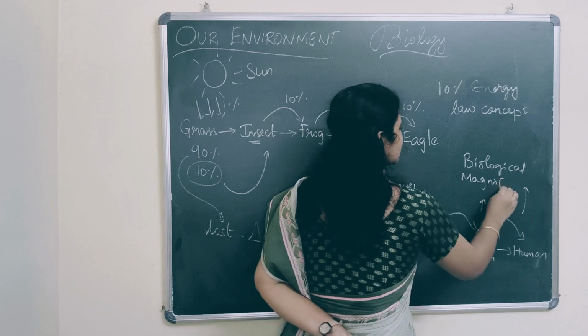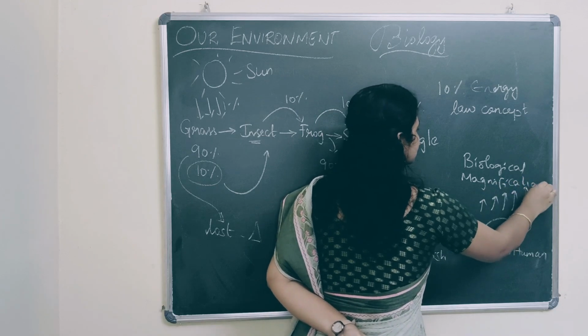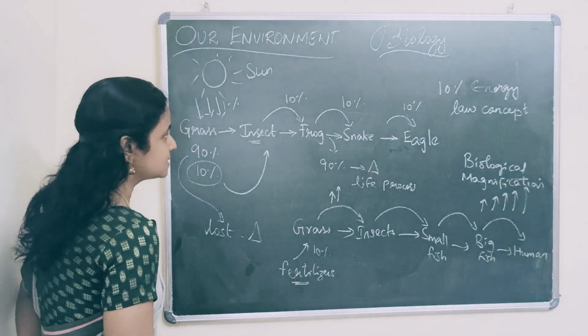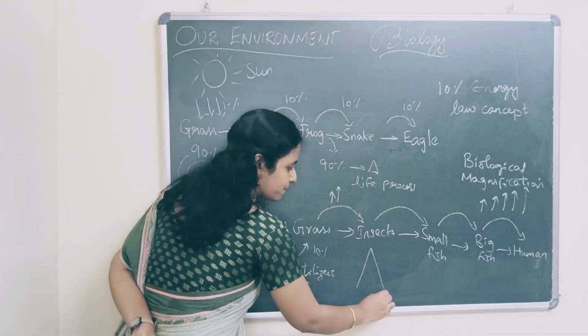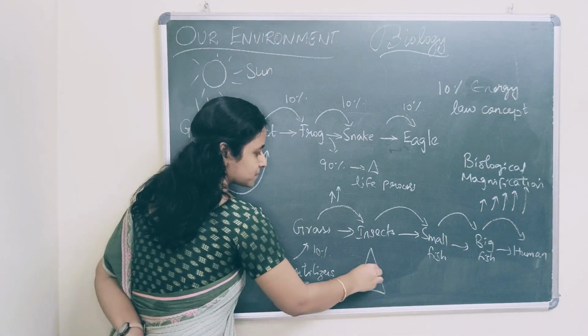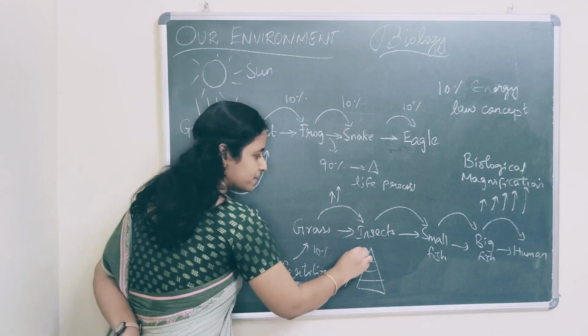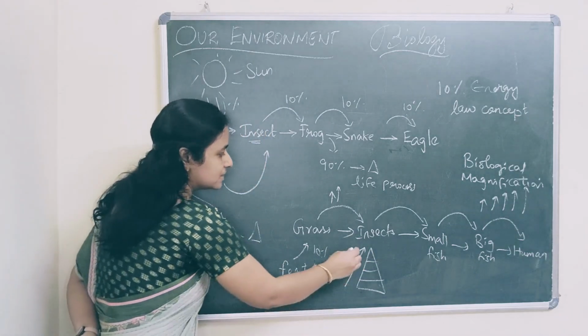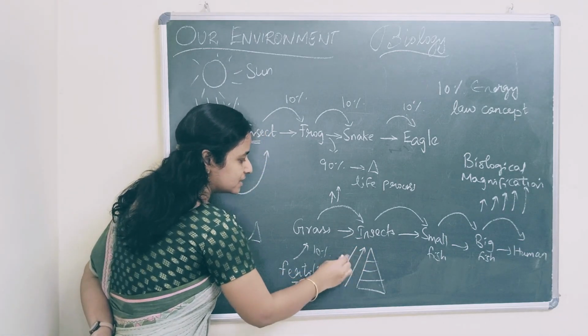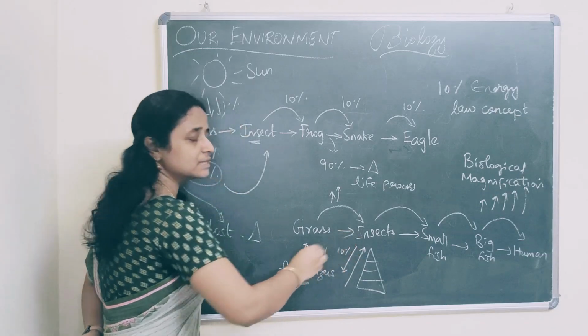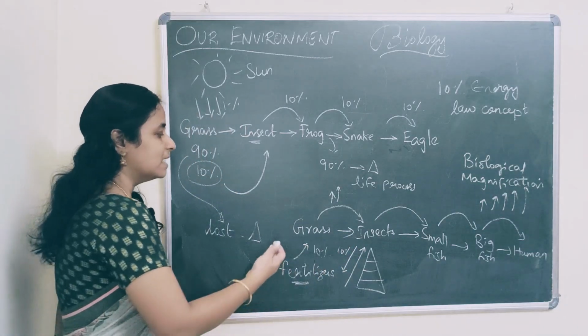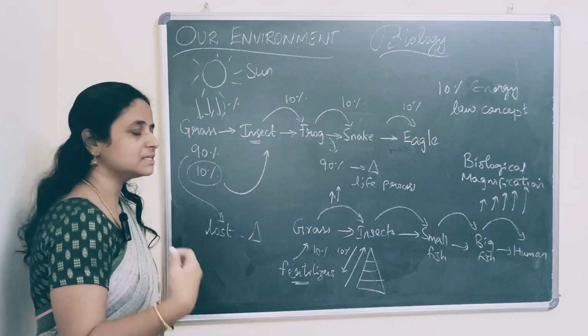Biological magnification. So one thing we need to understand is, as the trophic level goes on, there will be a fall of energy. That is, only 10 percent of energy is transferred and the remaining 90 percent is lost.